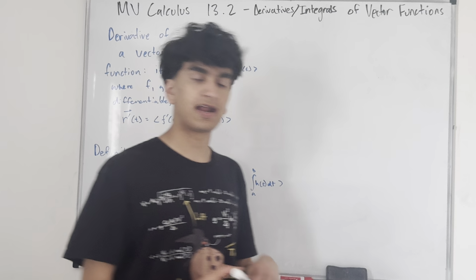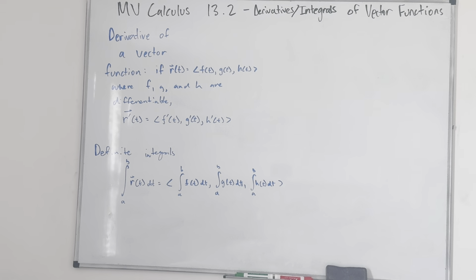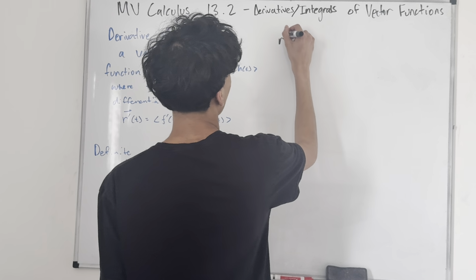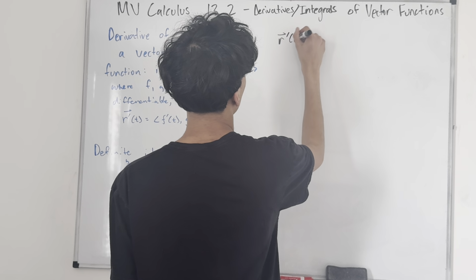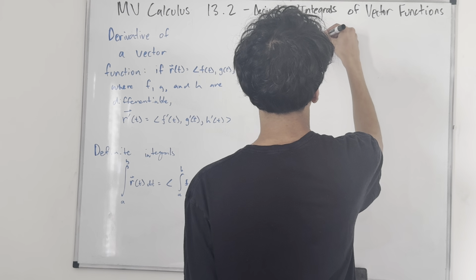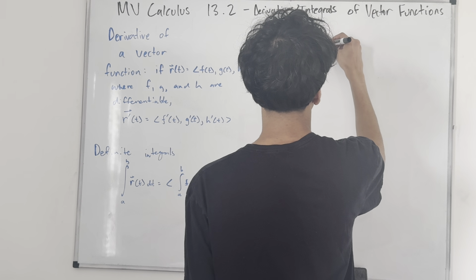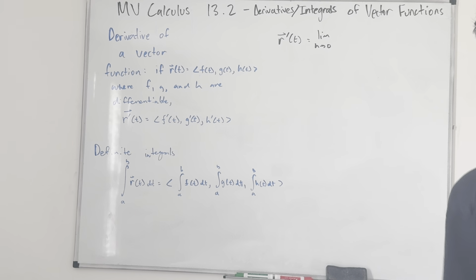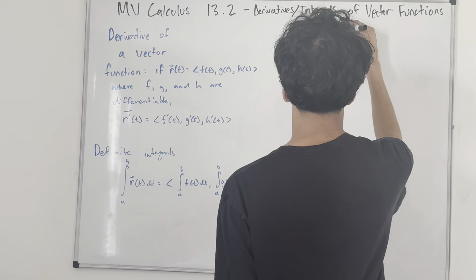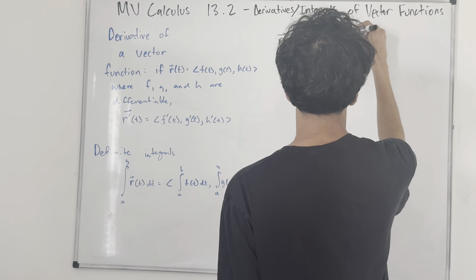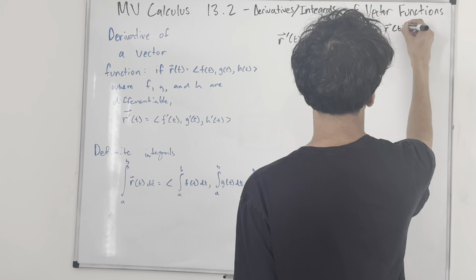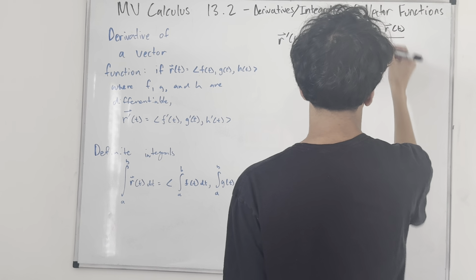And one thing I want to talk about is what r prime of t really is. It's really just the limit as h approaches 0 of r of t plus h minus r of t, over h, right?